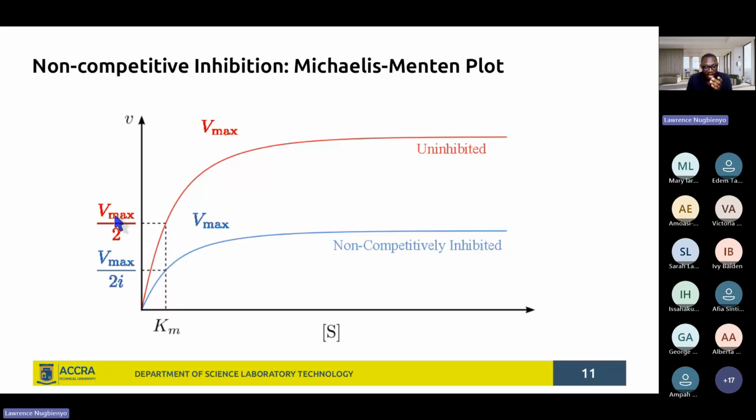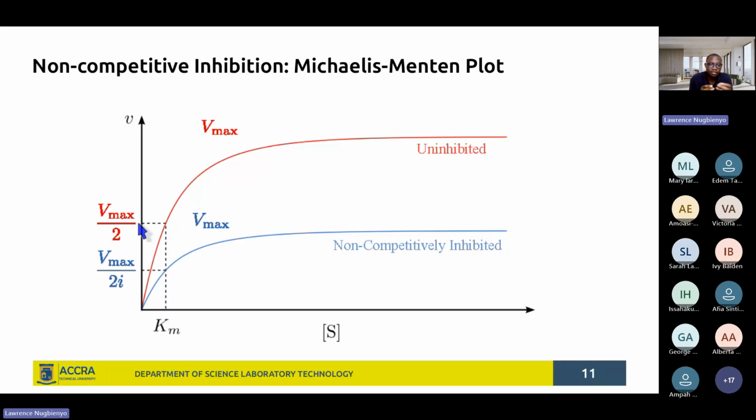So has half of the maximum rate of the reaction changed? In the sense that where you have the non-competitive inhibitor, you have half of the maximum rate of the reaction lower than what you have for the uninhibited. Of course, because the inhibitor is not competing with the substrate.